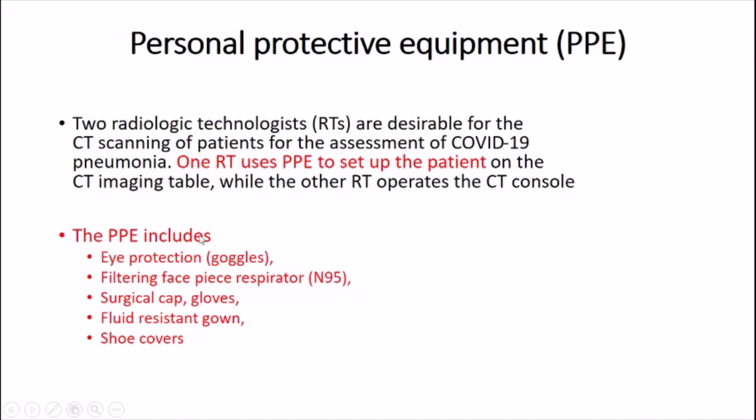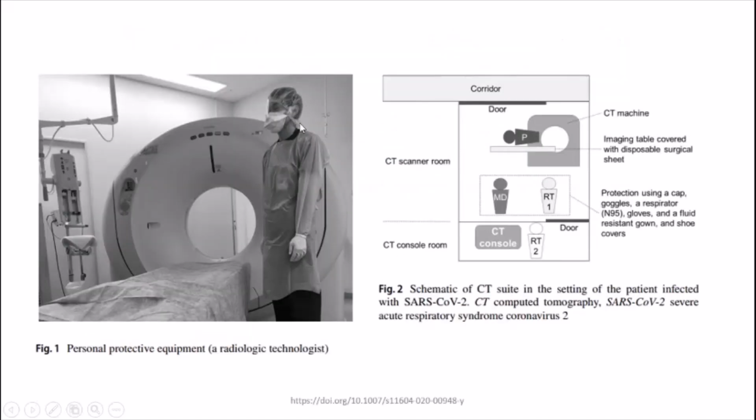What kind of protection equipment? Eye protection such as goggles, N95, again similar to CDC recommendations. Here they add a surgical cap and also gloves, a fluid-resistant gown, and shoe covers. So the technologist will be covered from head to toe with disposable personal protective equipment.